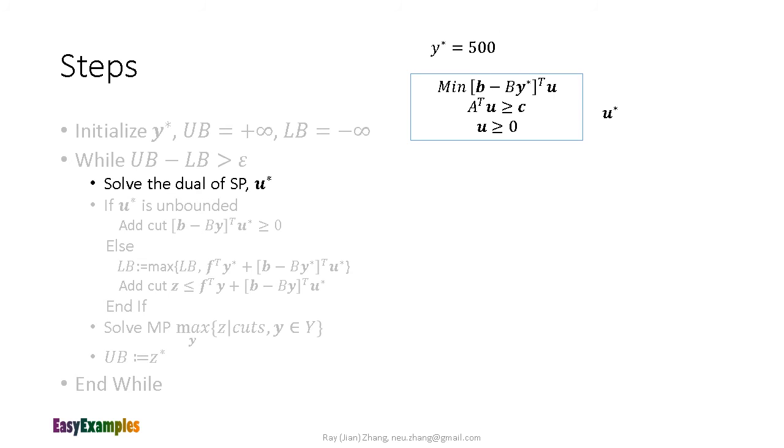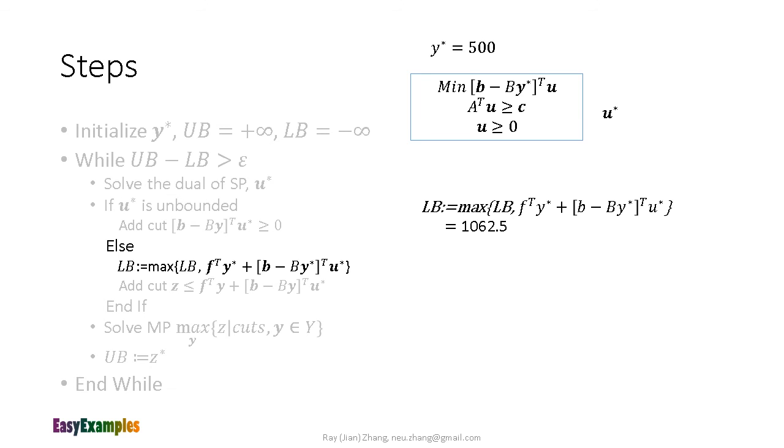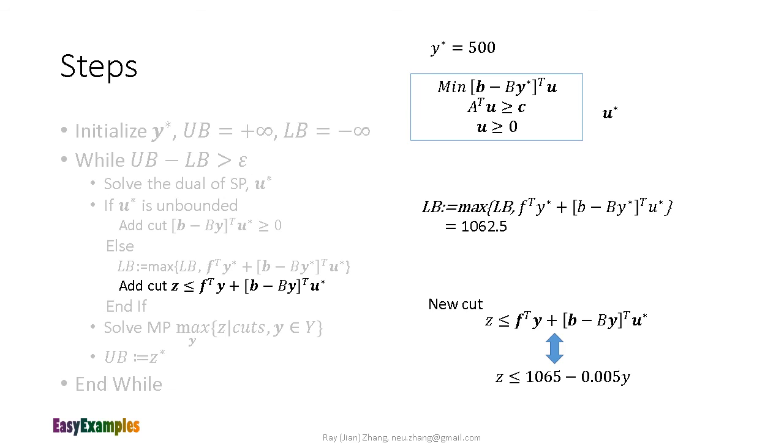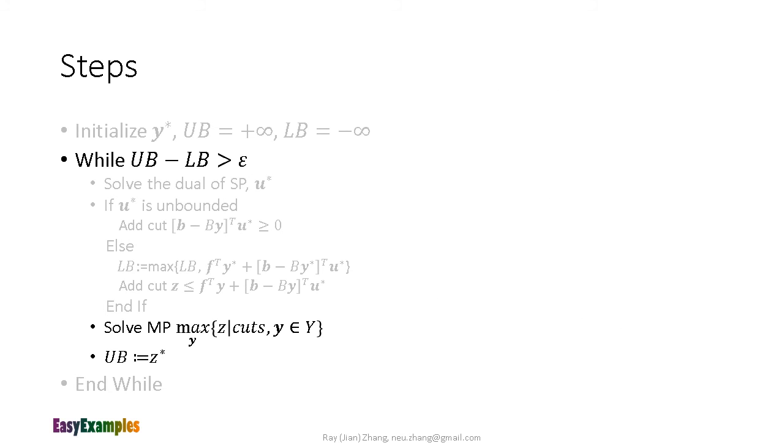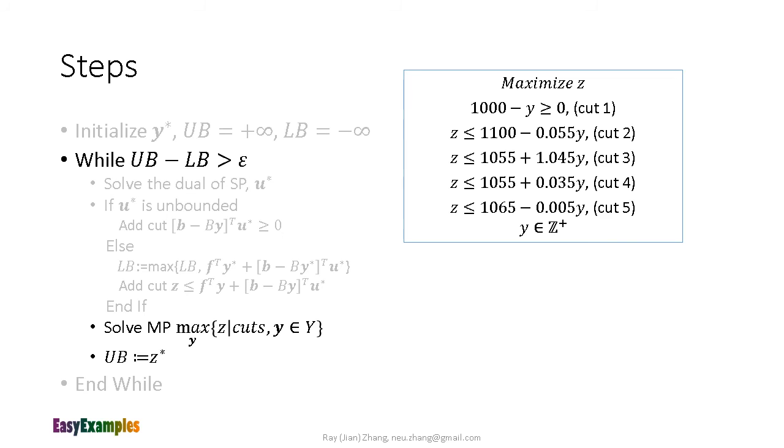Again, we solve the dual of the subproblem based on the current value of y star, and then we update the lower bound based on y star and u star. Then we generate the new cut based on u star and add it to the master problem. We solve the master problem.